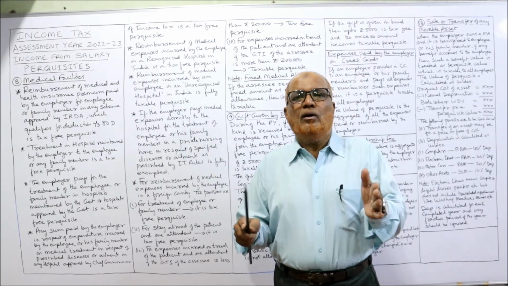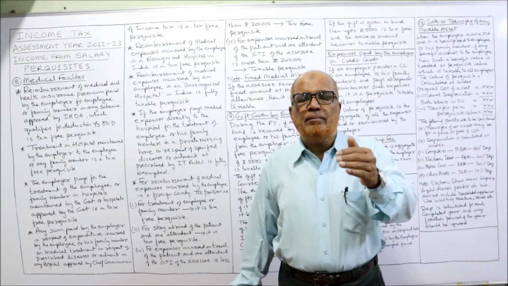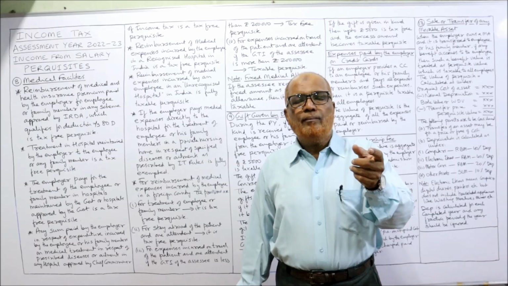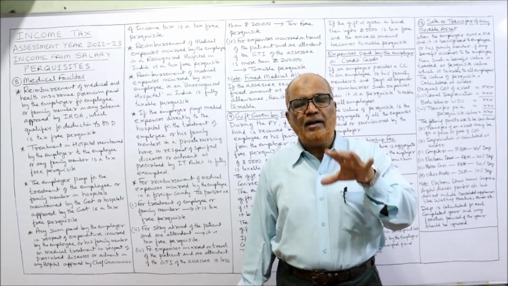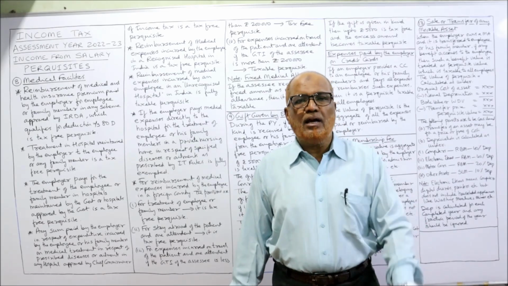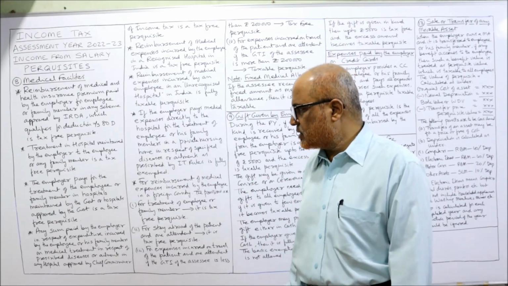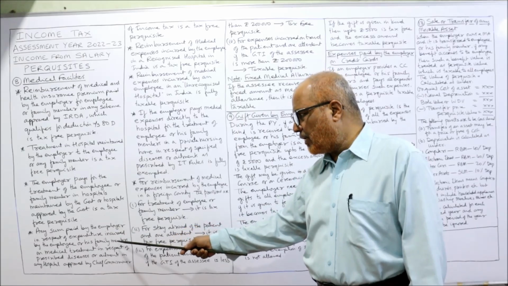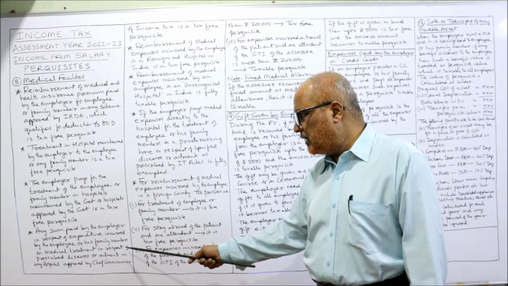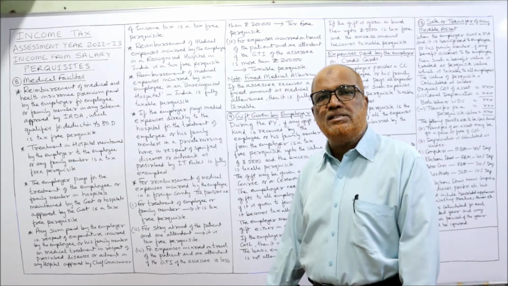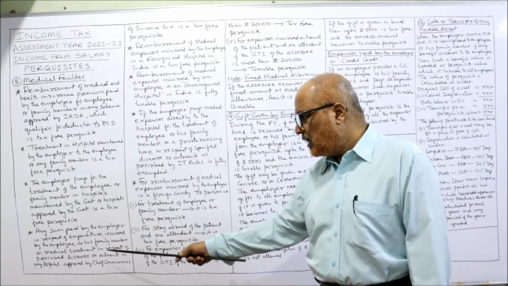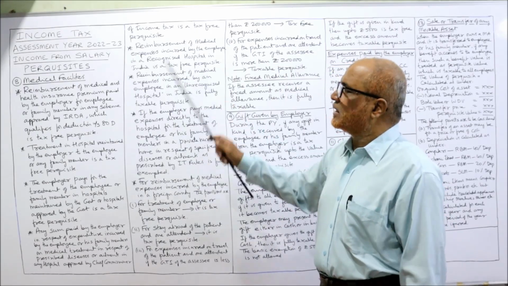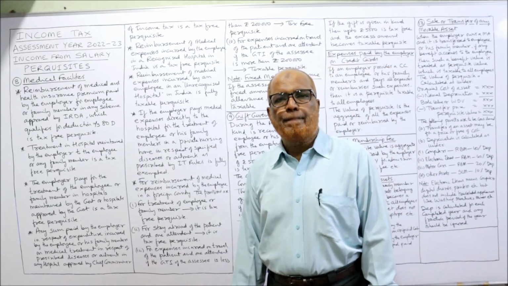If the employee or their family member is getting medical treatment in a government hospital or in a hospital which is maintained by the government, it is again a tax-free perquisite. Any sum paid by the employer in respect of expenditure incurred by the employee or family member on medical treatment in respect of prescribed diseases or ailments in any hospital approved by the Chief Commissioner of Income Tax is a tax-free perquisite.